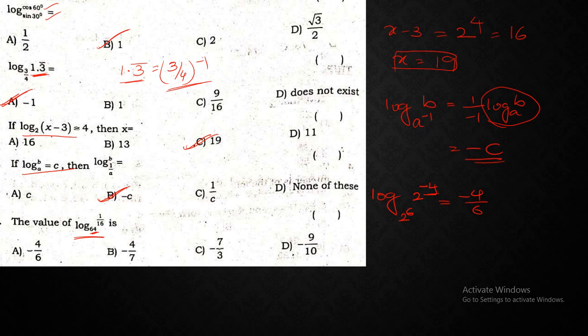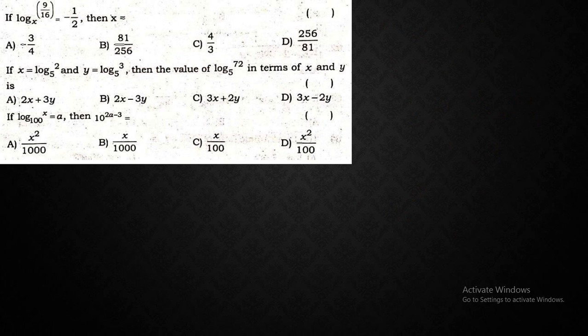So these two powers will come, one in numerator and the other in denominator, into log 2 to the base 2. So from this minus 2 by 3 into log 2 to the base 2 is 1. So answer is minus 2 by 3 or minus 4 by 6. So here option minus 4 by 6 is given. So you can continue with that. Next, moving on to one more question.